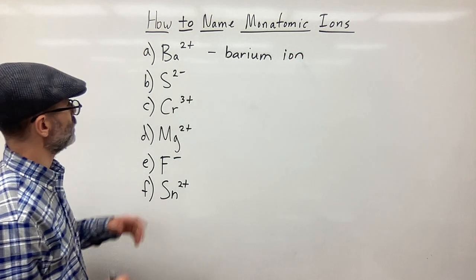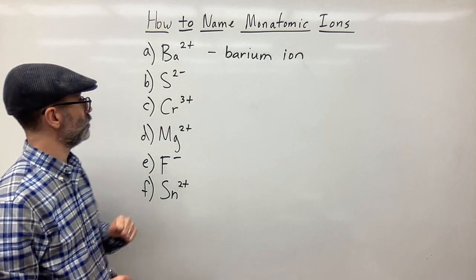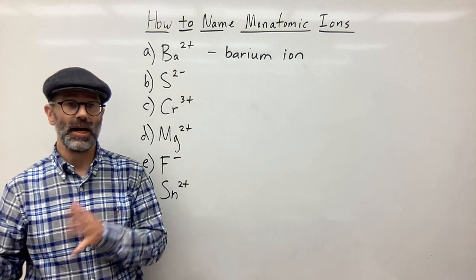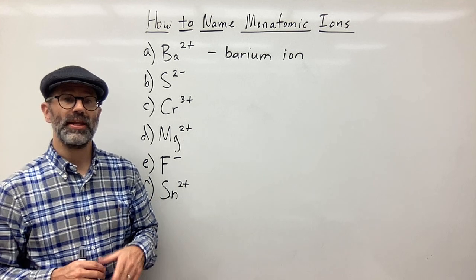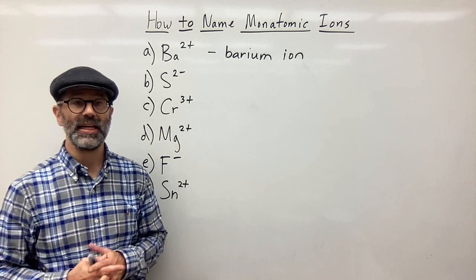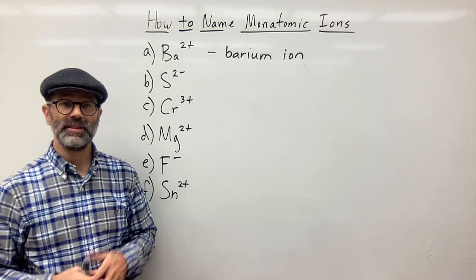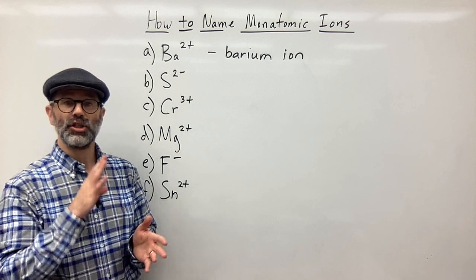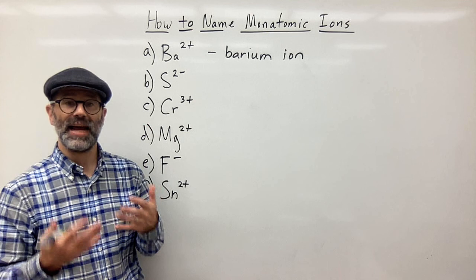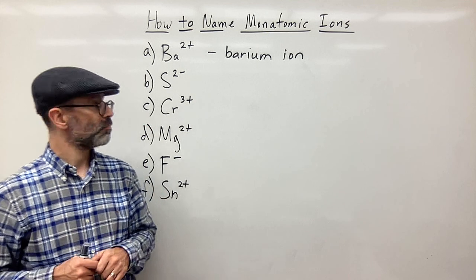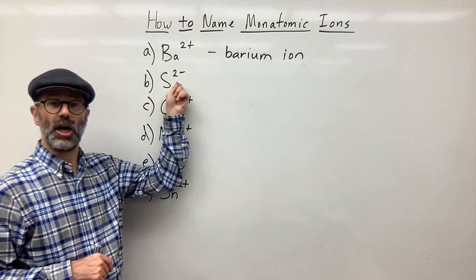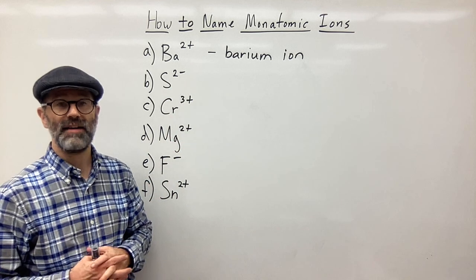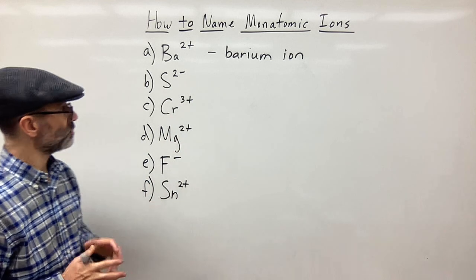Okay, so next we have sulfur with a 2- charge on it. And here it's a nonmetal. So in this case, to name the anion, you have to take the name of the element, sulfur. You're going to have to drop the ending and then add the -ide. We know this is a negative 2 charge because it's in group 6. Group 6 elements tend to have a negative 2 charge.